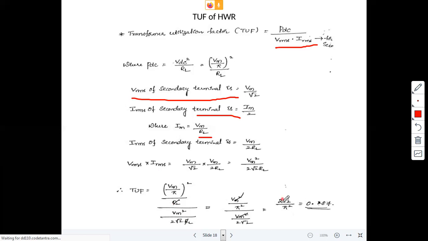Finally, 2 into root 2 by pi square, which is equal to 0.287. Very, very poor. So the transformer utilization factor for the half-wave rectifier is only 0.3. Worst case we can say 0.3, 0.287. So that is very, very poor.